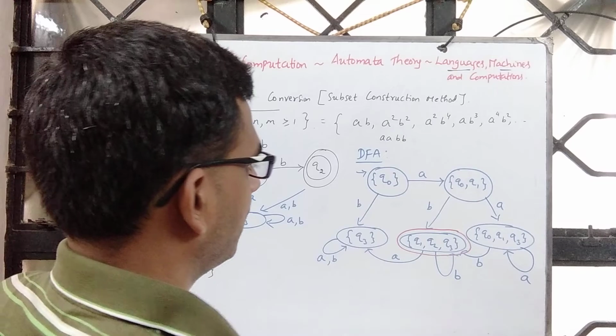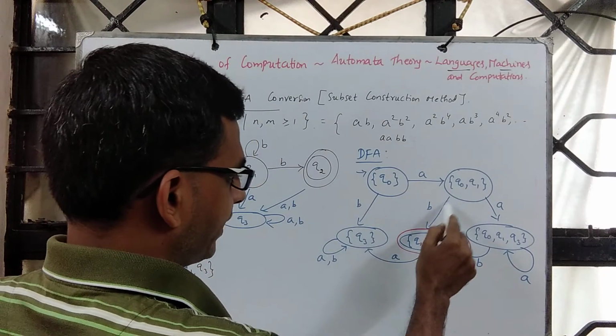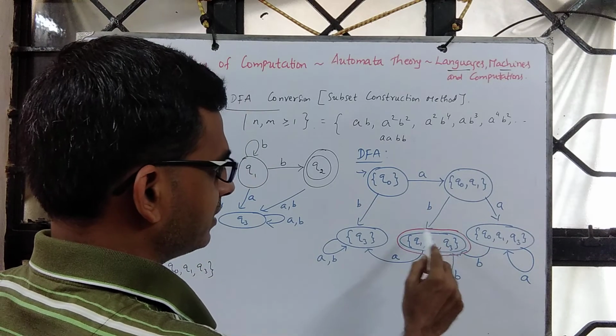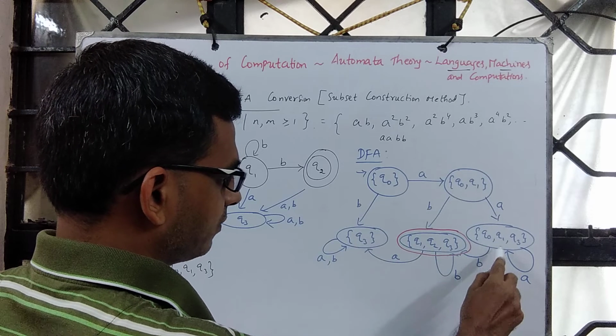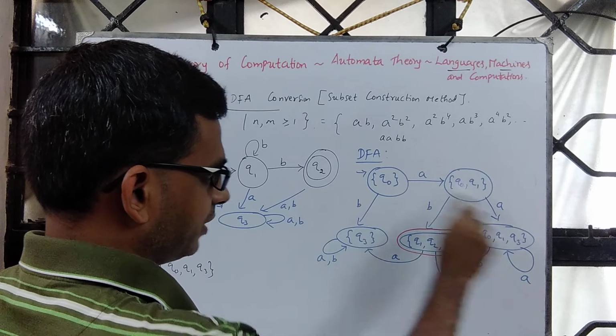And A followed by any number of B's, it is this. Suppose you say at least two A's followed by any number of B's, then you take this branch.